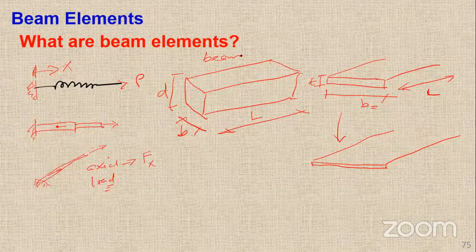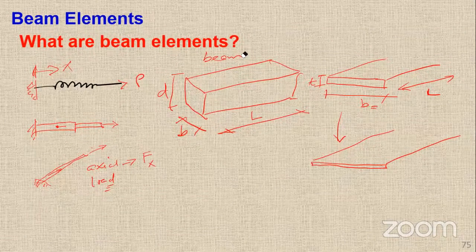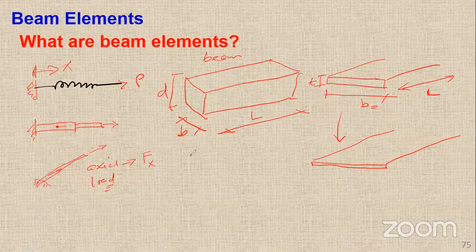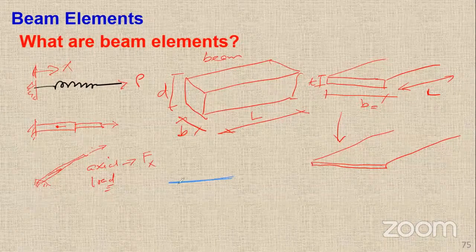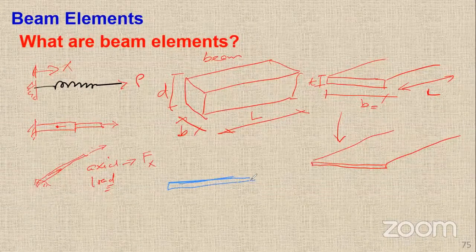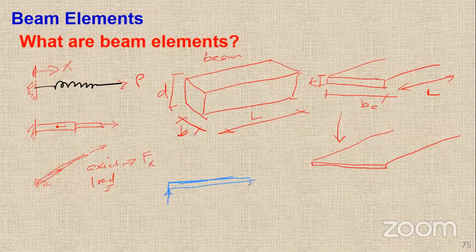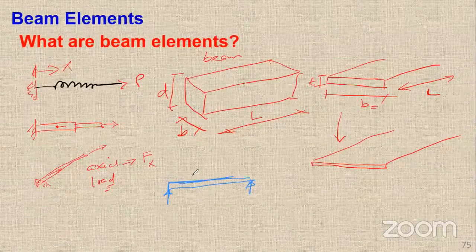Now for the beam, we are saying, number one, as opposed to the bar element which carries the axial load, if we take this as our beam member, the beam is supported there and supported on this point. The beam is usually subjected to transverse loading, transverse as opposed to axial.